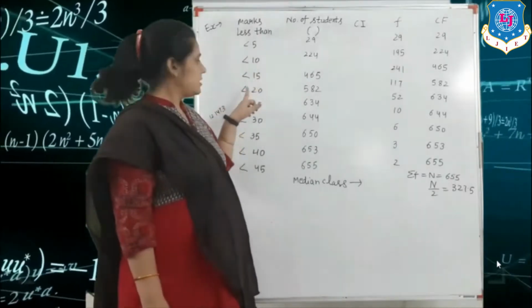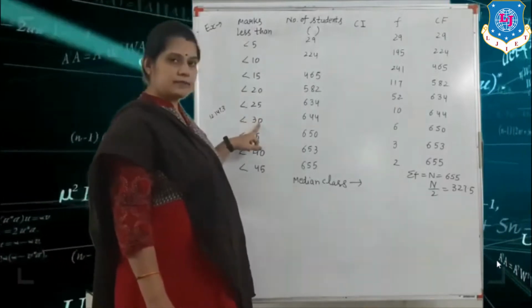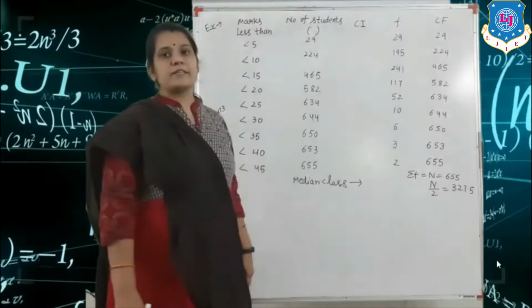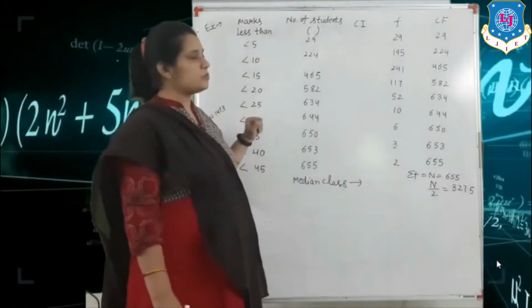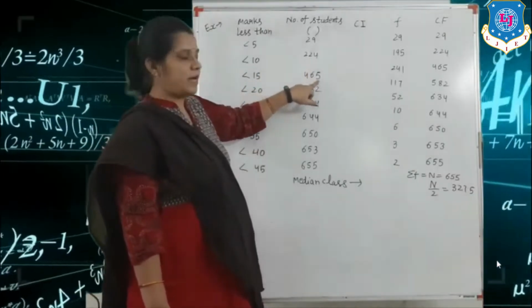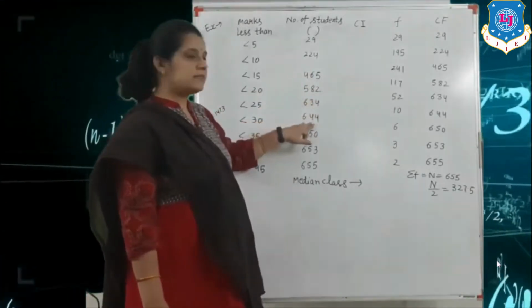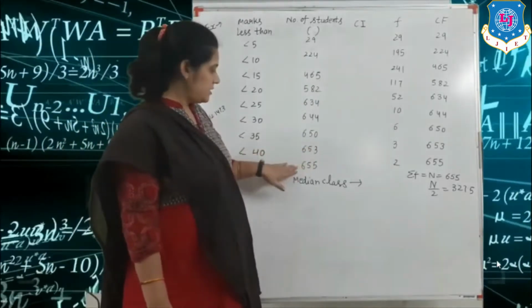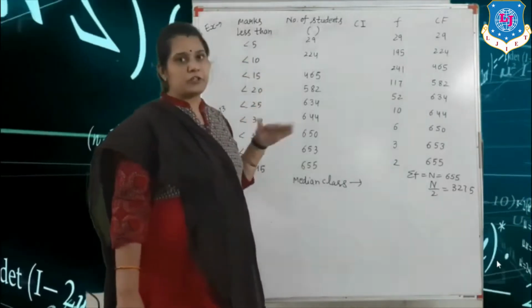Now the example of the less than frequency: we are given the marks less than 5, less than 10, less than 15, less than 20, less than 25, less than 30, less than 35, less than 40 and less than 45. According to this, we are given the number of students: 29, 224, 465, 582, 634, 644, 650, 653, 655. Okay, so we are given these two sets of values in our question.